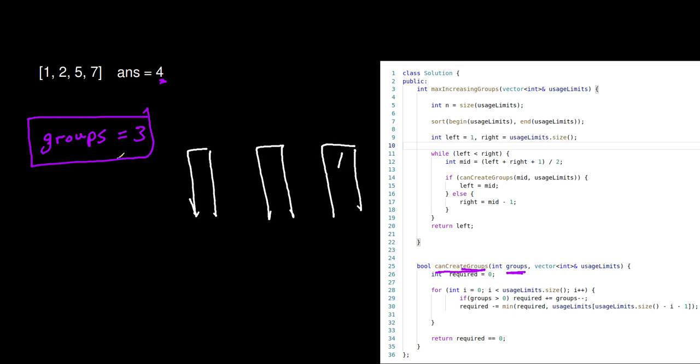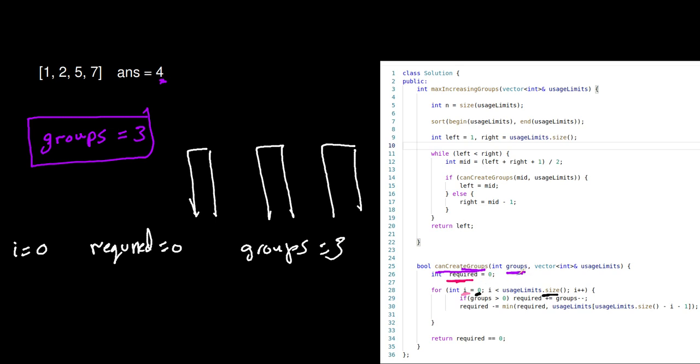And so the first iteration, we iterate over values from 0 up to the size of the array. So we have i equal 0, and required represents the number of elements we need to fill in the group, and we have the group's number, which is 3.